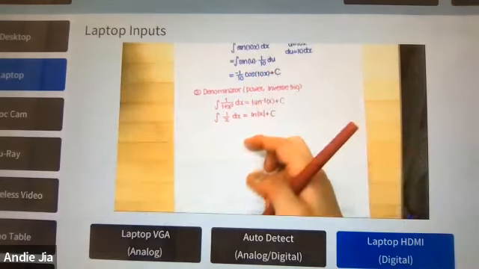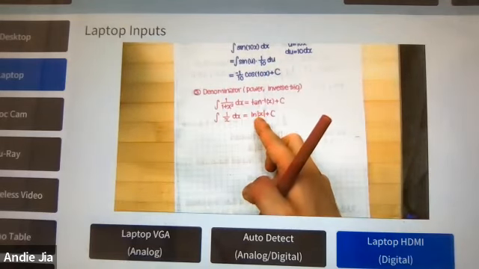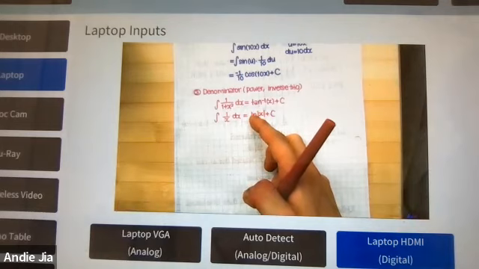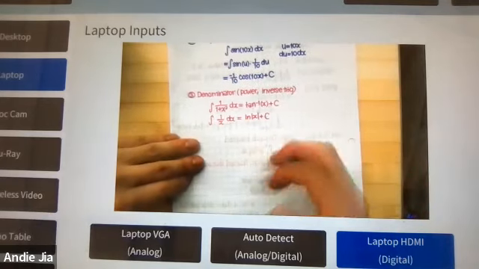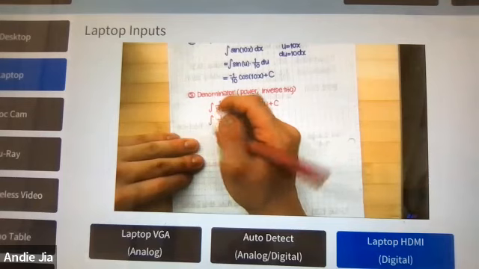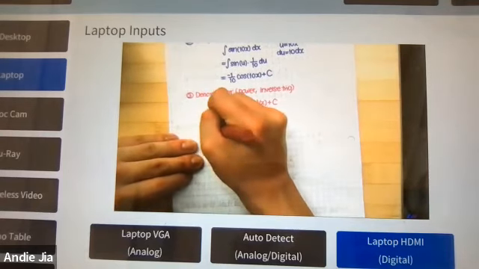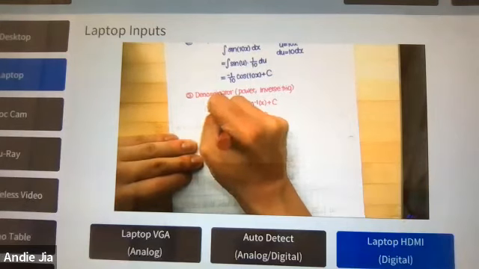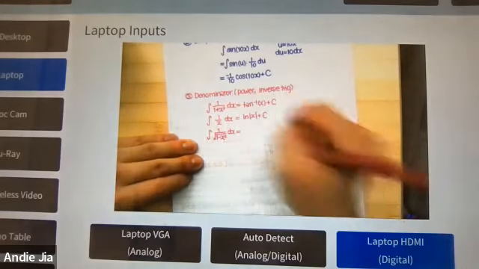That's why there's an absolute value sign inside of the natural log of x, because the argument of the natural log cannot be zero or negative. Some arcsine function, inverse sine.